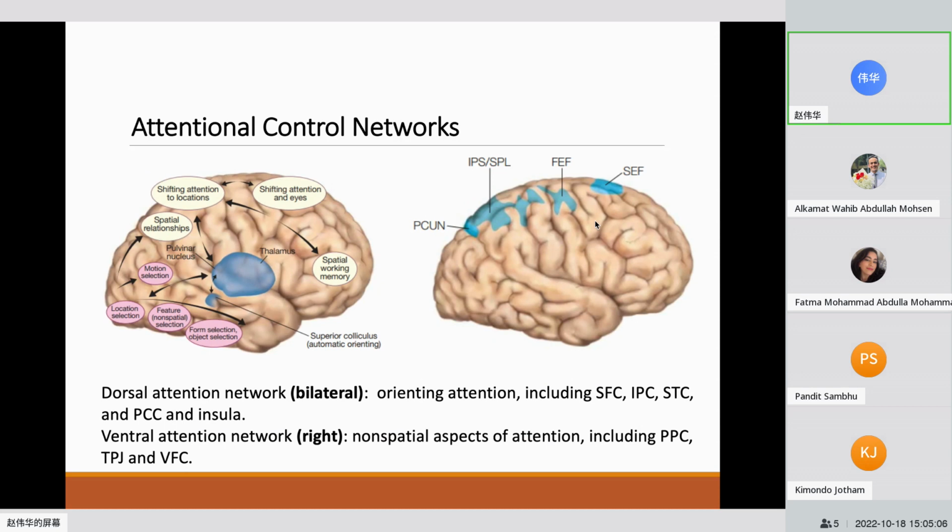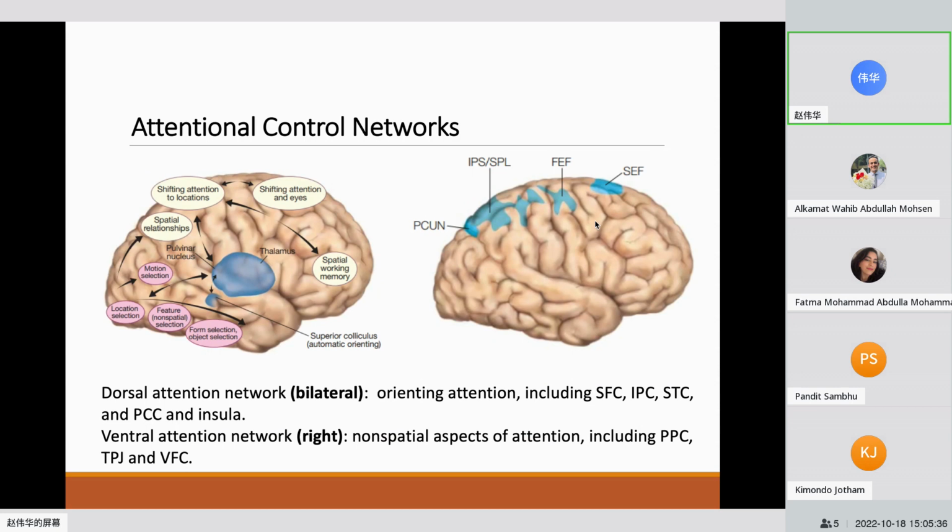As a result, the response in the sensory areas to a stimulus may be enhanced if the stimulus is given higher priority, or attenuated if it is irrelevant to the current goal. So if it's relevant, you will give higher priority to this stimulus. If it's irrelevant, you will ignore it.